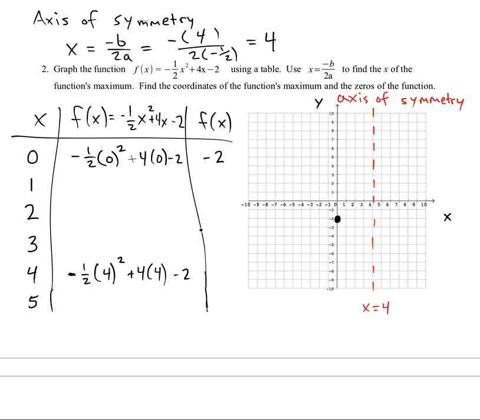Okay, comes out to 6. All right, let's label that the vertex. And this is the y-intercept.